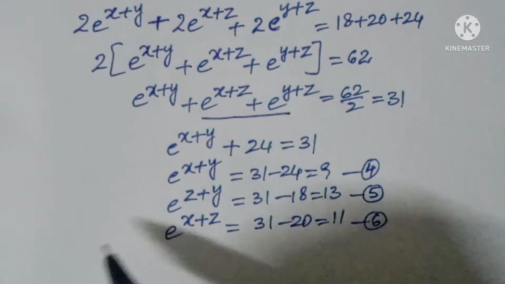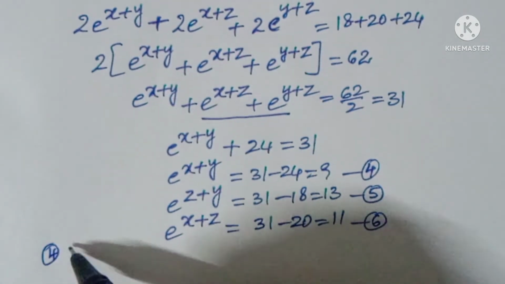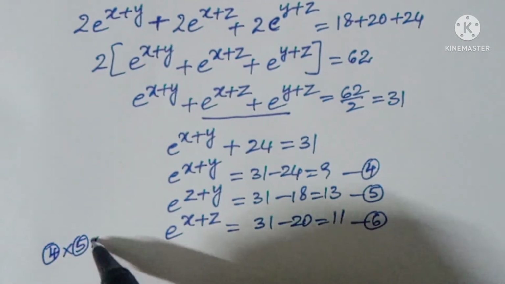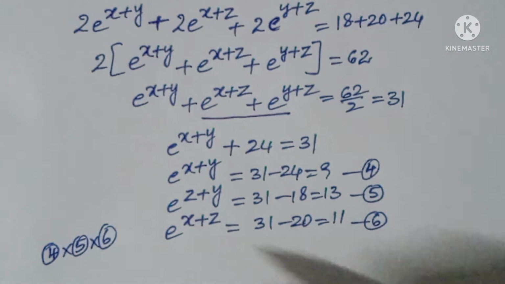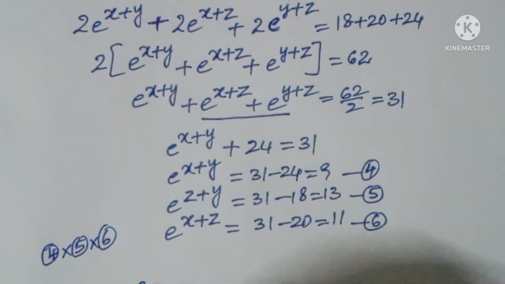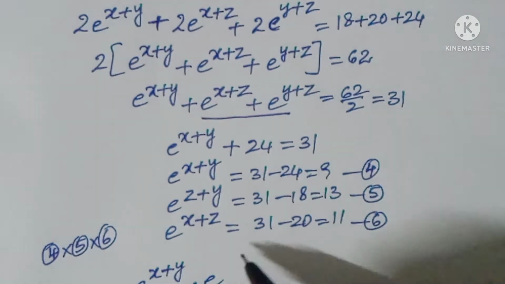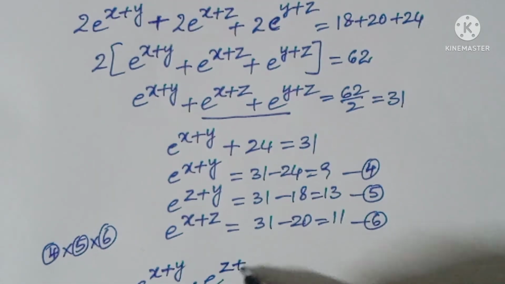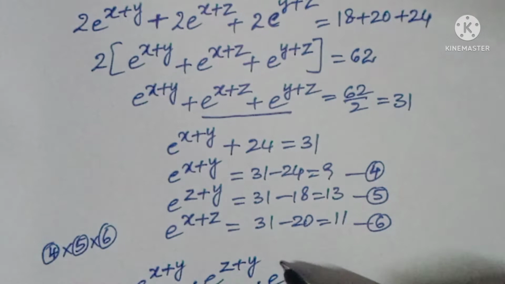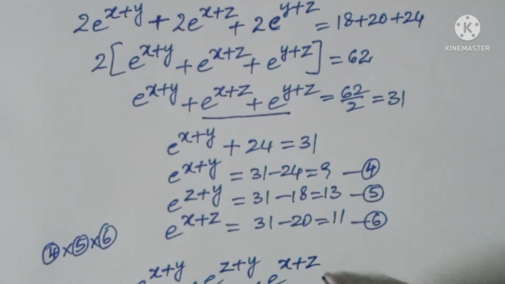Here our target is x, y, z. So multiplying 4, 5 and 6, e to the power of x plus y into e to the power of z plus y into e to the power of x plus z is equal to 9 into 13 into 11.